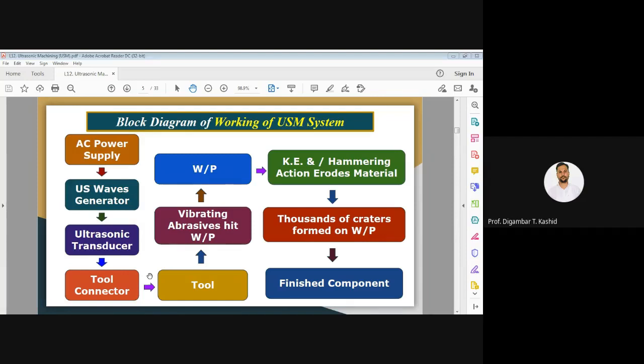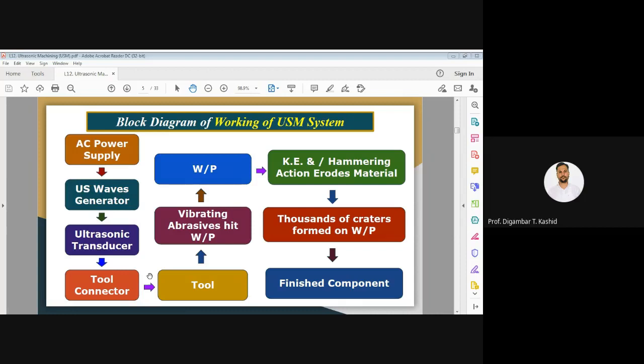Because we want a frequency of more than 16 kilohertz to remove the metal from your workpiece, so that frequency we have to attain, and for that purpose we require this transducer. Normally in ultrasonic machining, electrical energy is converted into mechanical energy with high frequency of vibration.